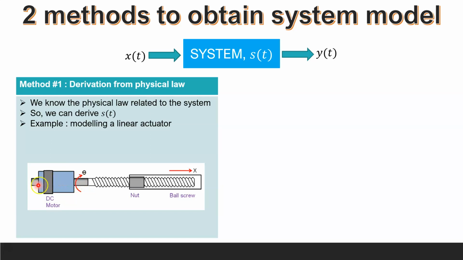So electrical signal is converted to a mechanical rotation of the motor shaft. Then this rotational motion is converted to translational motion, denoted by X over here, of the ball screw mechanism. At the end, we have a linear actuator, a linear motion.